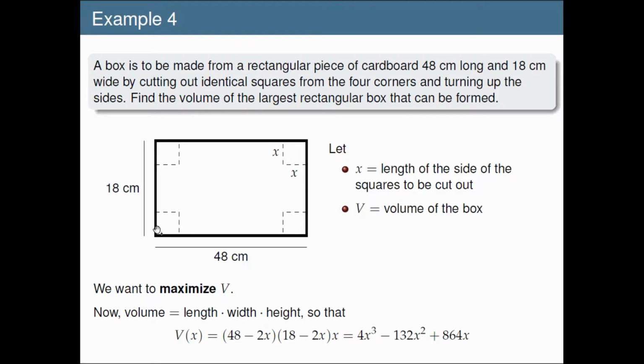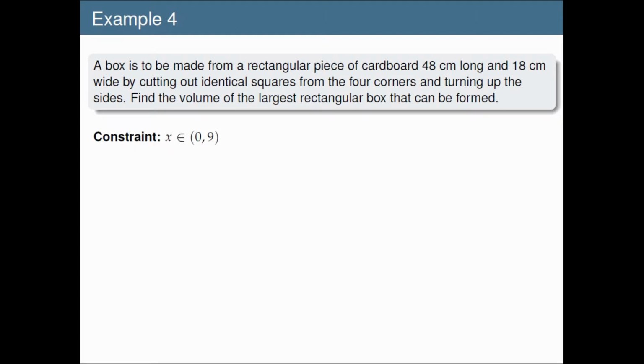So x must be less than 18 over 2 or 9. So for the constraint, x must be greater than 0 and x must be less than 9 at the same time. So x must be in the open interval 0 to 9. Okay?